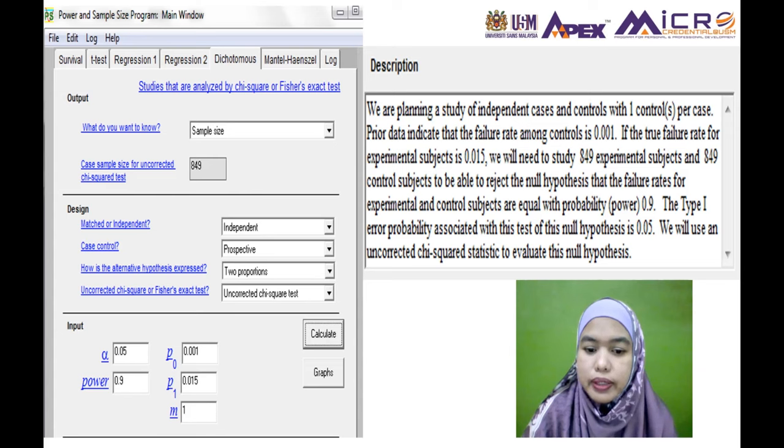The type 1 error probability associated with the test of this null hypothesis is 0.05. We will use an uncorrected chi-square statistic to evaluate this null hypothesis.